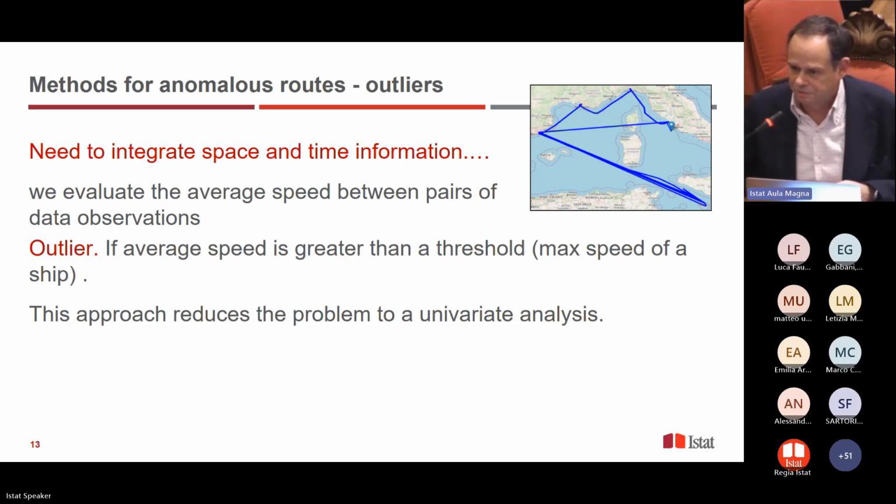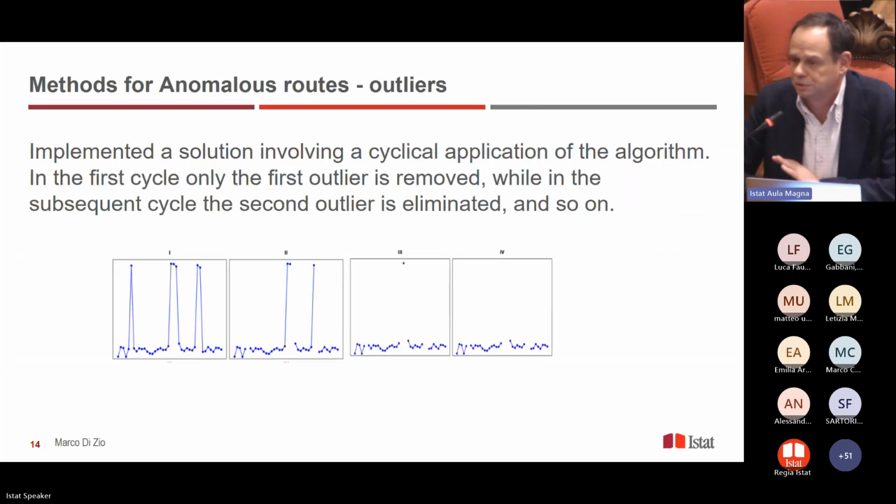I mean, if a vessel goes 100 kilometers doing, I don't know, it's not possible. It's not a speed for a ship. So this was to select the outliers, but it is not the only technique that we have to introduce for dealing with these outliers, because of course here you can see that with this method you are able to see the jump. These are the speeds.